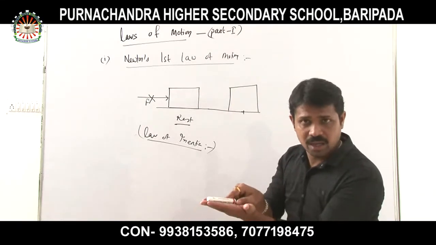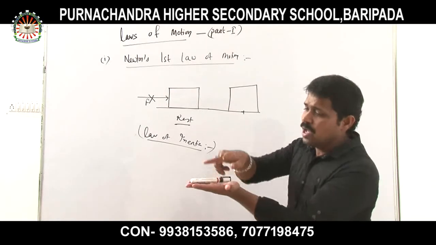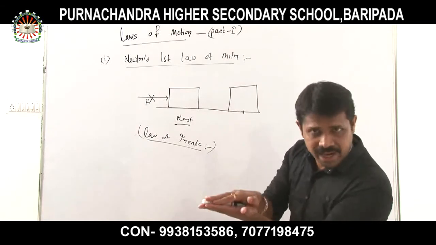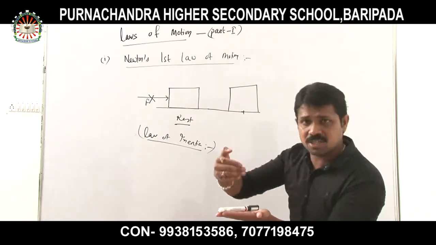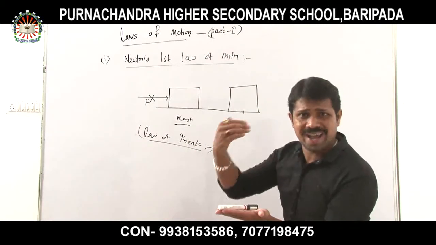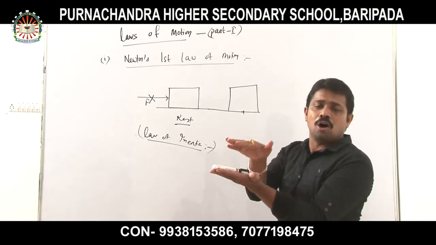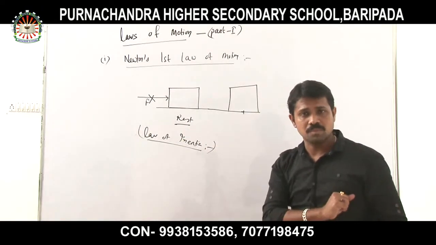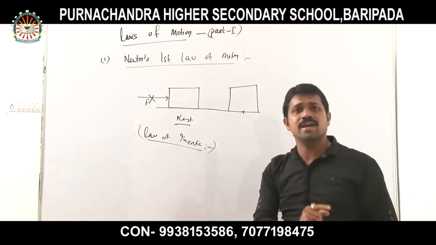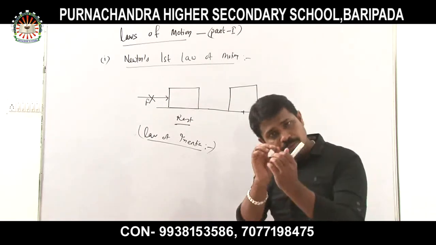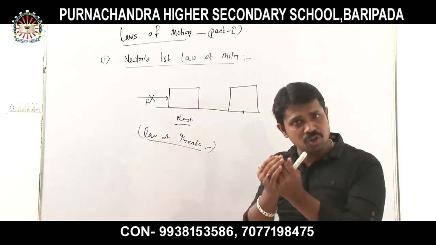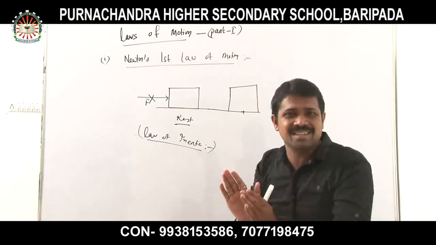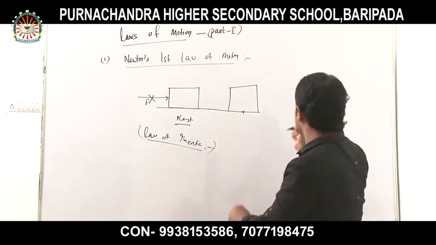This inability of a material or object to change its state, either from rest to motion or motion to rest, is known as inertia. So inertia is the property of a body or object by virtue of which it opposes or resists the change of state.